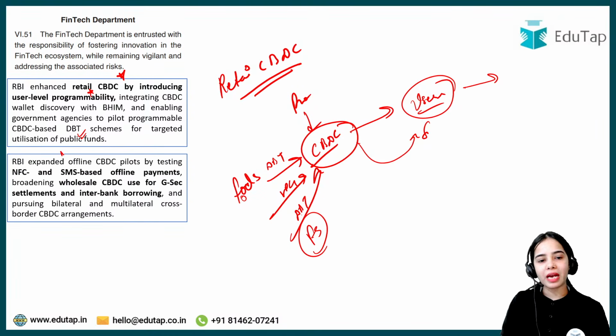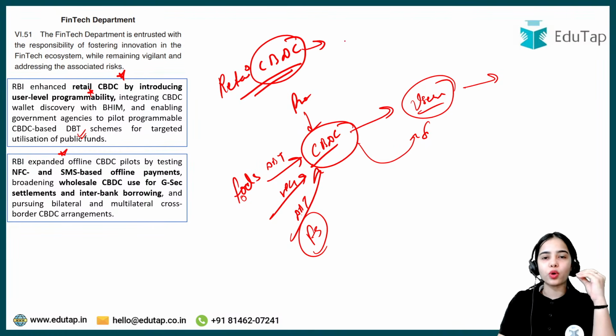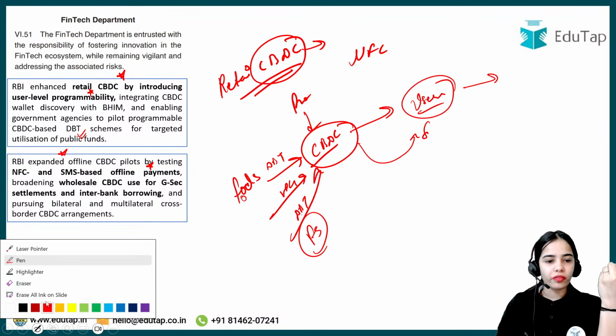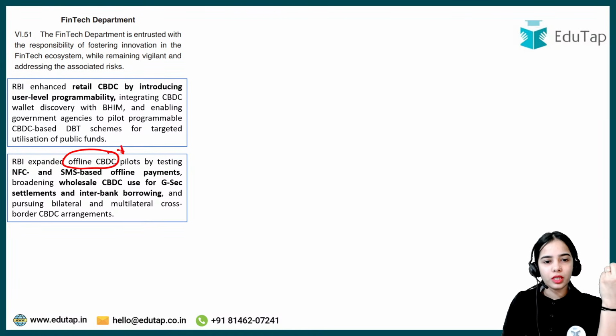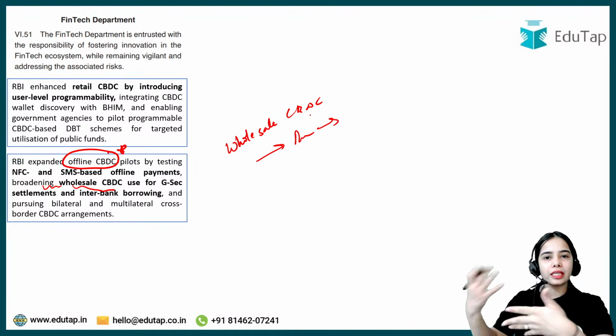Next, RBI expanded the offline CBDC pilots. For the CBDC to be used offline, near field communication technology like the tap facility is being checked, as well as SMS based offline payments. There is also the broadening of the wholesale CBDC. Wholesale CBDC is the CBDC used by the banks for their transactions, like interbank transactions.